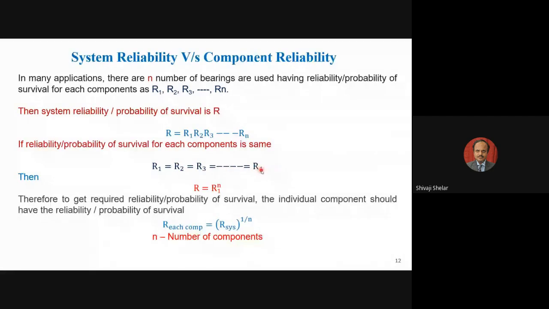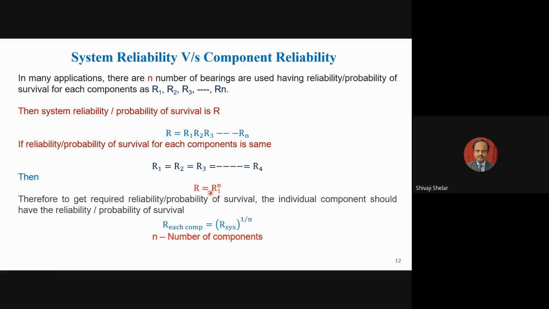This is a special case, where R1 is equal to R2 is equal to R3 is equal to Rn, all n bearings having the same reliability. Then the system reliability becomes R equal to R1 raised to n, that is, any one component reliability raised to n.